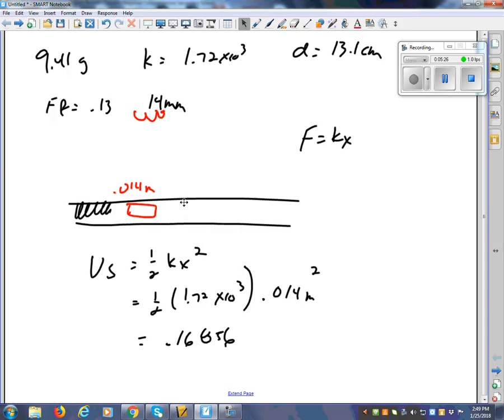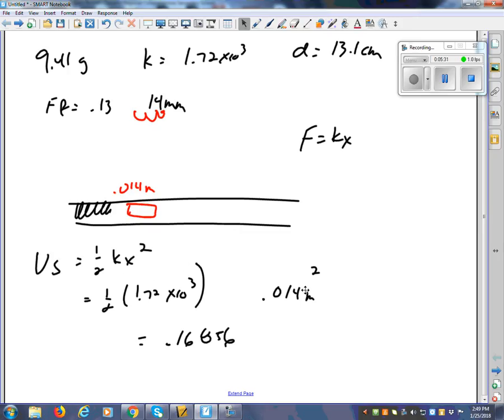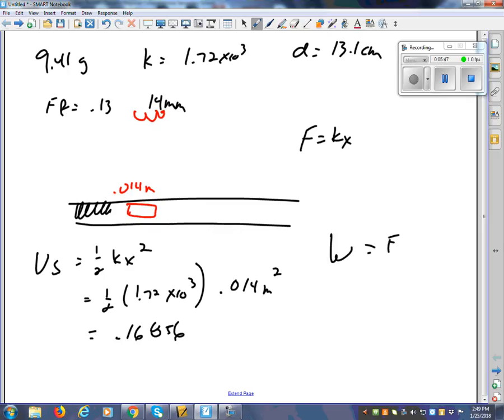All of that heat is going to be because of energy or work done by friction. When I say work equals FD, work is a measure of energy. It's measured in joules.